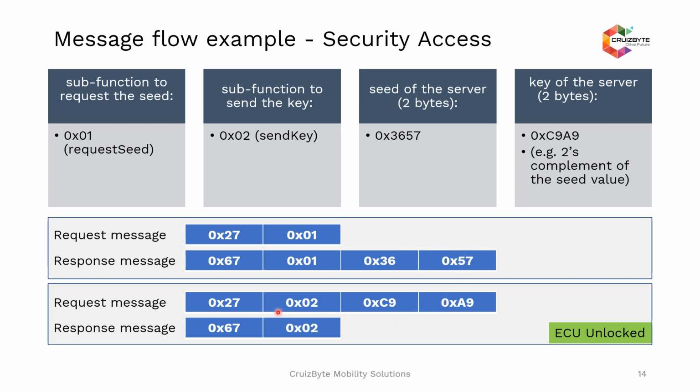The next step is 27 followed by 02, and C9 A9 is the calculated key based on these seed values. Once this is available, the next positive response message received from the ECU is 67 02, and the ECU tells that the session is unlocked for you to perform the required function that has been requested, following the security access.